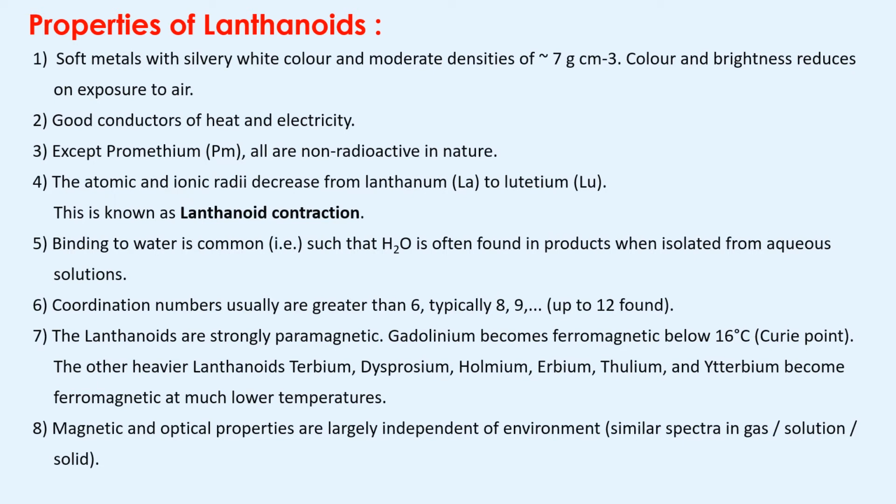Coordination number is typically 8, 9, or up to 12. Lanthanides are strongly paramagnetic; gadolinium becomes ferromagnetic below 16 degrees, and some other elements become ferromagnetic at much lower temperatures than that. Magnetic and optical properties are largely independent of environment.